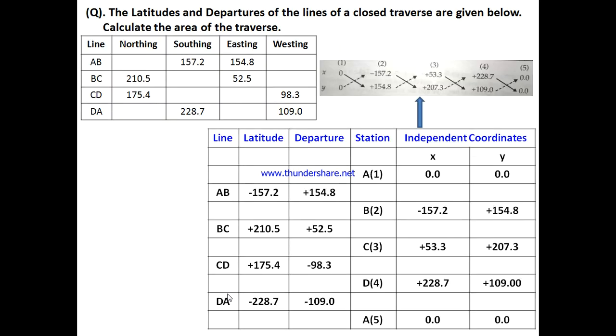So how to determine the values? See here, we have got all the coordinates for the x-axis and for the y-axis. We have written this in this manner. Now summation P will be equal to what?